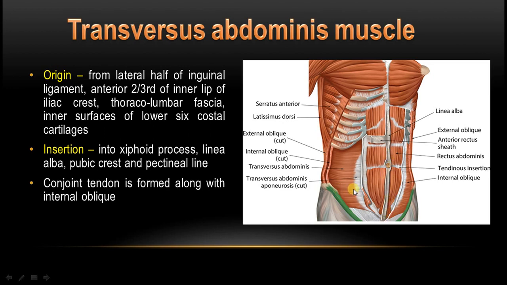The inguinal fibers of the transverse abdominis, as I told you, with the internal oblique form arched fibers, and beyond that, the lower part, along with the fibers of internal oblique, forms the conjoined tendon. The major contribution to the conjoined tendon is from the transverse abdominis muscle. The nerve supply is again the lower 6 thoracic nerves and the first lumbar nerve.